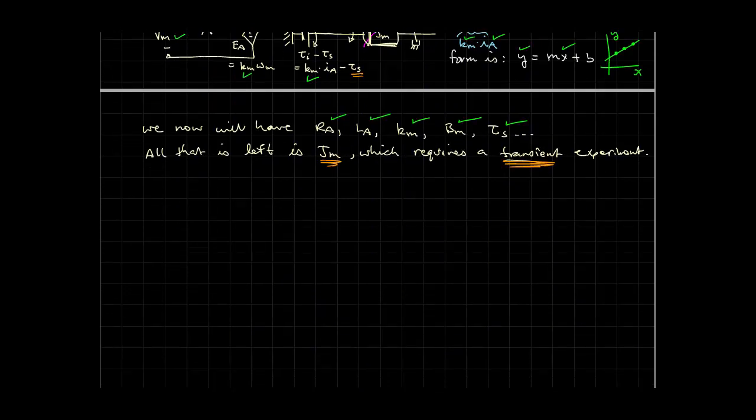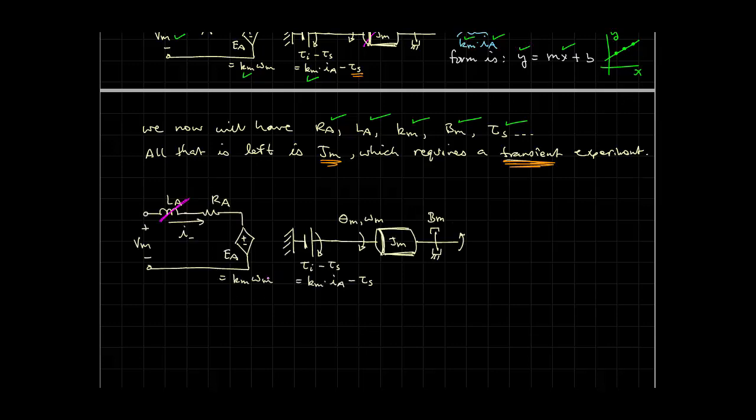And I will give you a hint to this, okay? If we look at our model, in this case we note that EA is equal to Km omega m. Now if we want to measure omega m, we could measure omega m indirectly if we could measure EA and we knew Km. Well, fortunately we know Km, but can we measure EA directly? We can't, not directly at least. But can we measure EA indirectly?